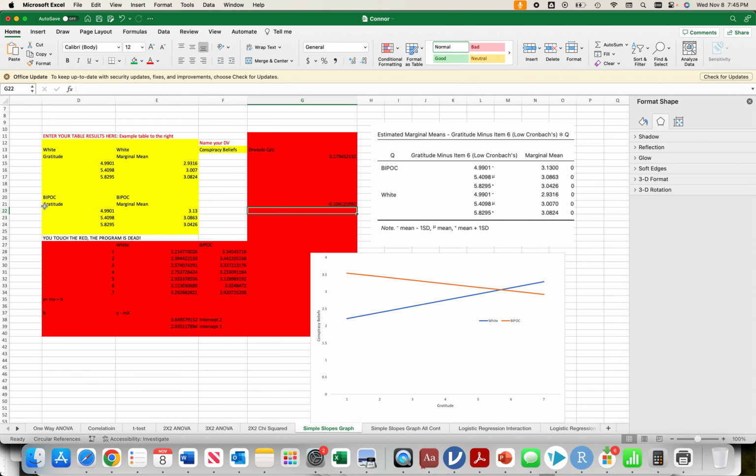So white, BIPOC. These numbers go here, these numbers go here, right? You see that because I switched it for some reason. I don't know why. But you can see I put BIPOC on the bottom and white on the top, even though BIPOC's on the top and white's on the bottom. It happens. And I put the DV there. If you have this type of multiple regression, that's all you need to do.